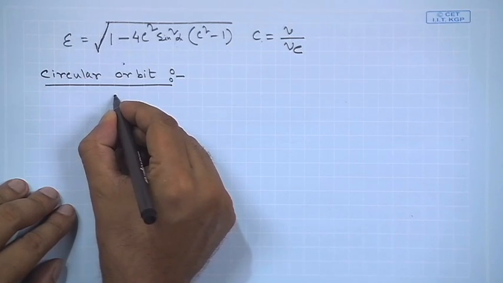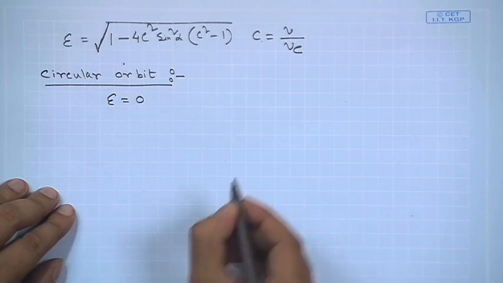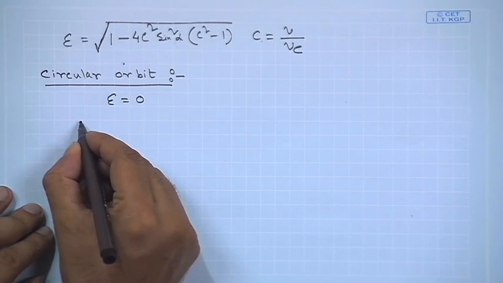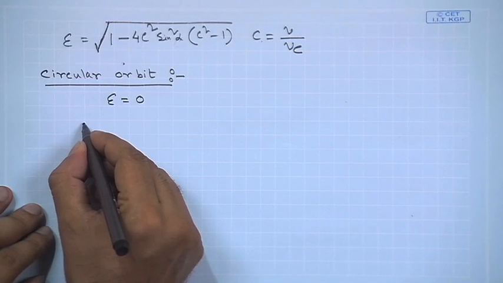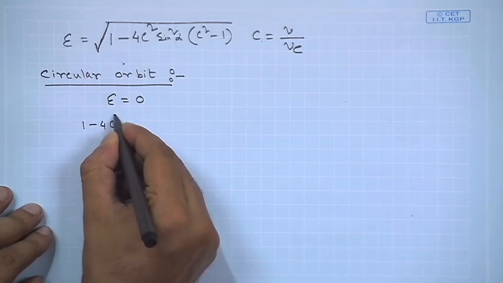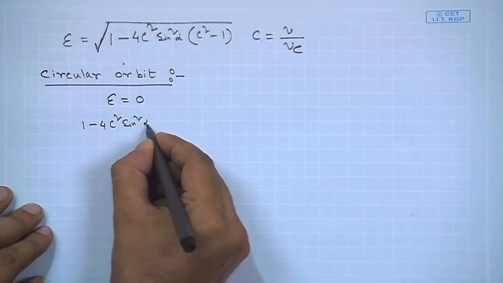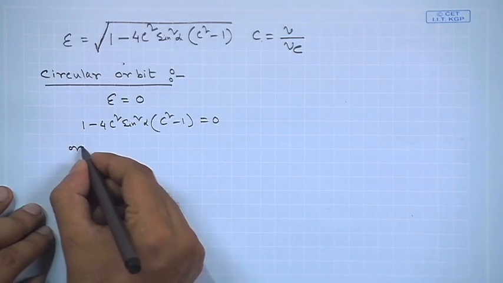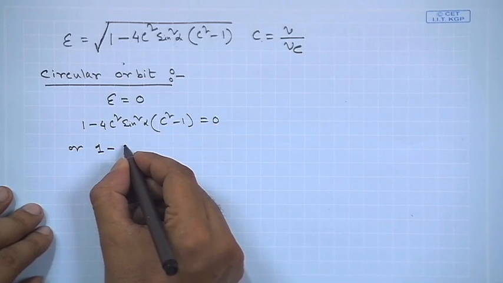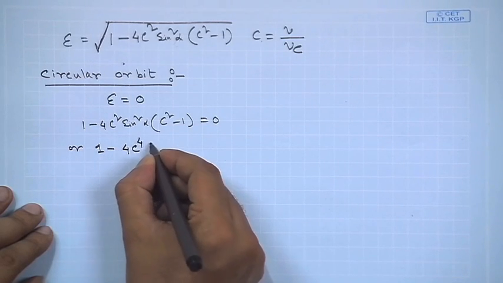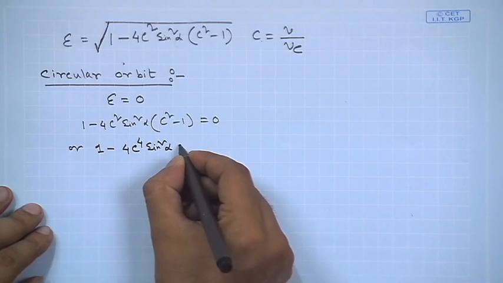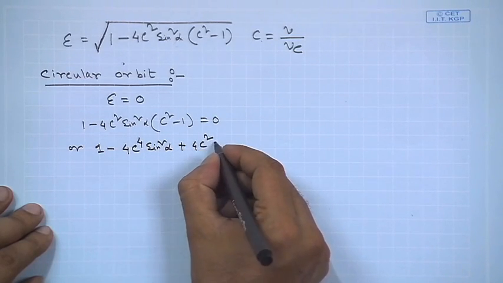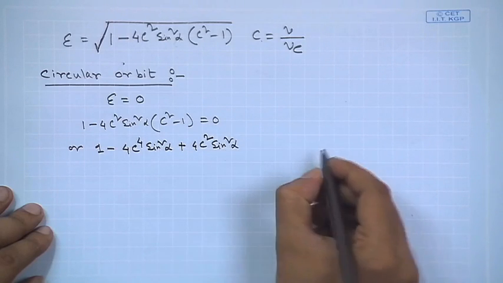Circular orbit is defined with epsilon equal to 0. Now, if epsilon is equal to 0, then from this expression we see that 1 minus 4 c square sin square alpha (c square minus 1) equals 0, which gives 1 minus 4 c to the power 4 sin square alpha plus 4 c square sin square alpha equals 0.